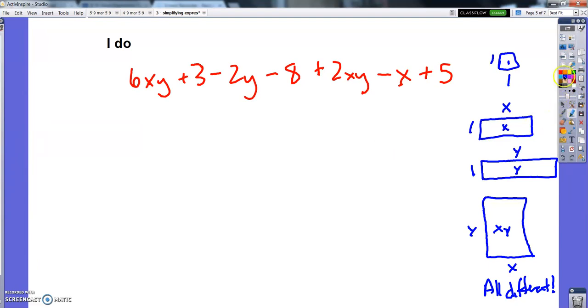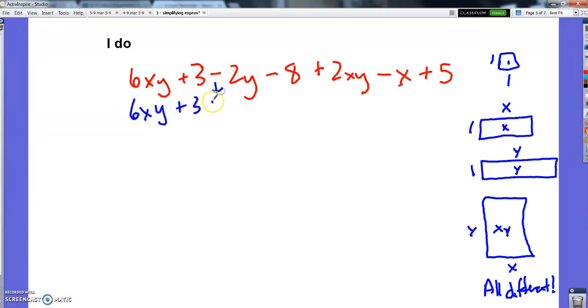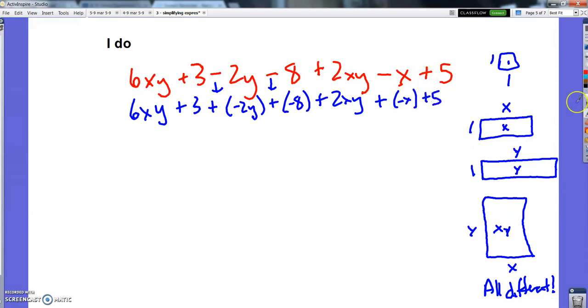So I'm going to even take my highlighter. Let me go add my opposites here. Always do that first. 6xy plus 3 plus negative 2y plus negative 8 plus 2xy plus negative x plus 5. And then my goal here is really just to make sure I combine only like terms. My xy's are going to go with my xy's, this kind of block.